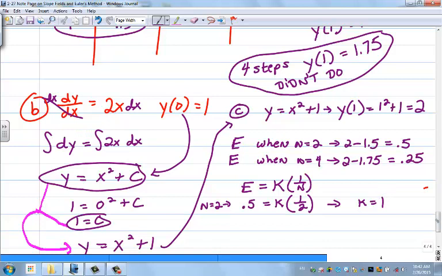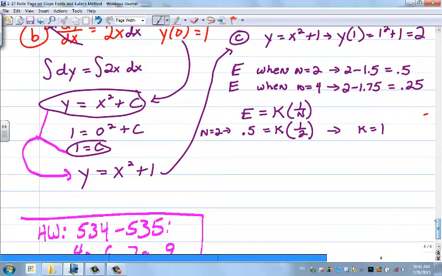So now I can fill that into our formula. If I take this constant of proportionality and fill it in here, I get the proportion that this should hold true to. So E equals 1 times 1 over n. Let's see if that holds true for the other calculation. If I plug in the values for when n equals 4, what is the error?